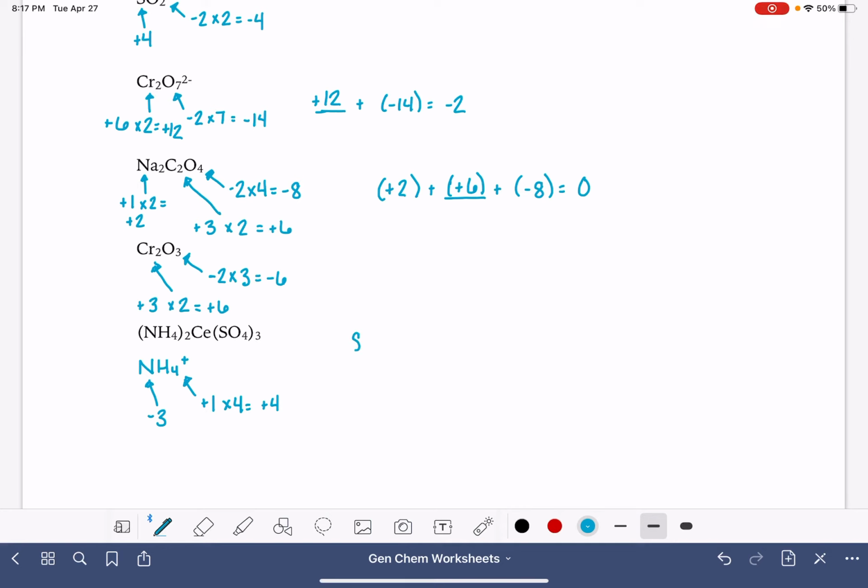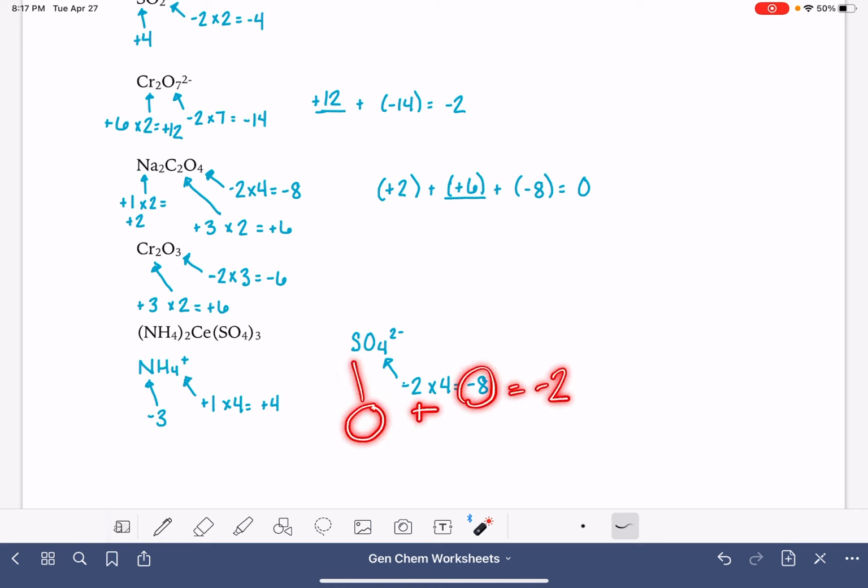Now we can do the same thing for the sulfate polyatomic ion, that is SO4 2-. We know that oxygen is -2, and we have 4 oxygen atoms, so that's a total of -8. We know that whatever our sulfur is plus a -8 has to add up to a -2. So we've got some number here, plus -8 equals -2.